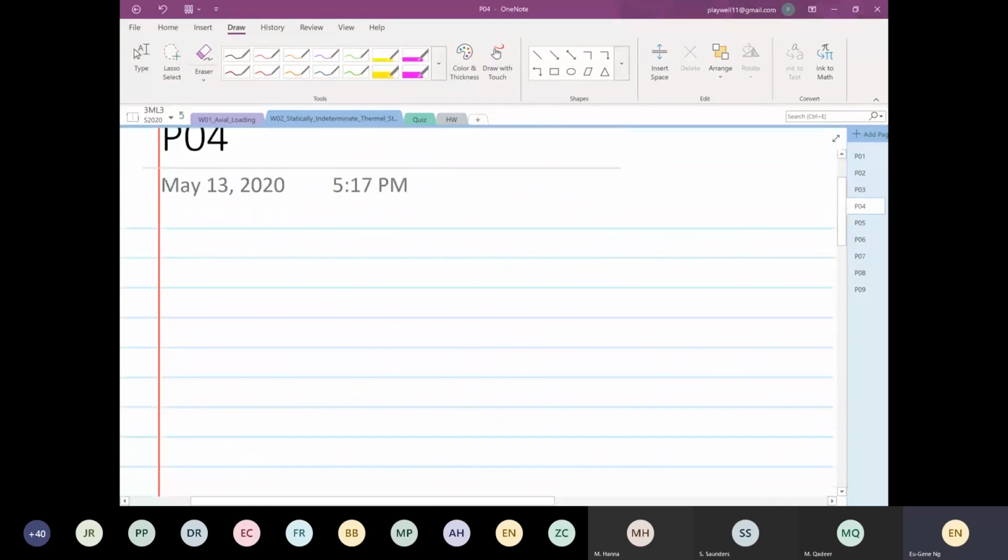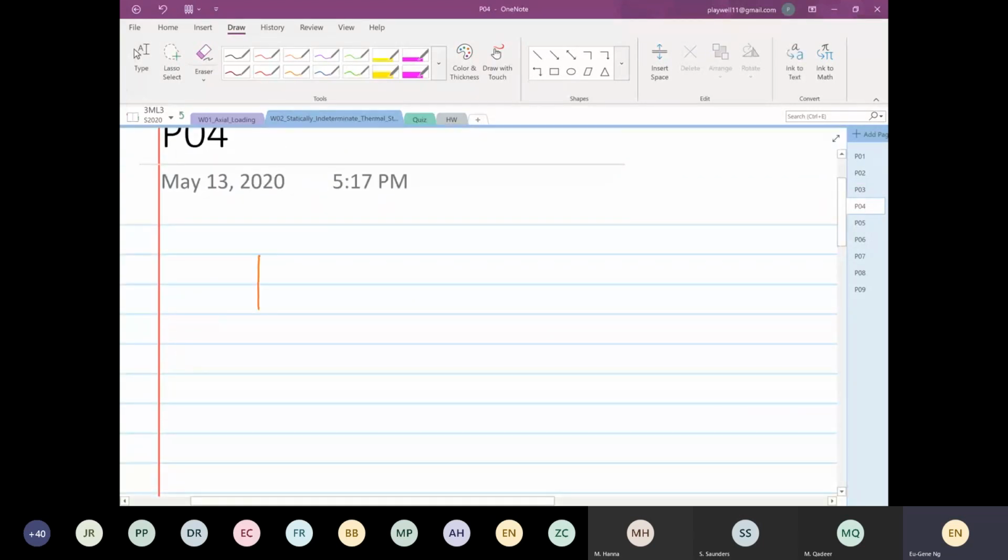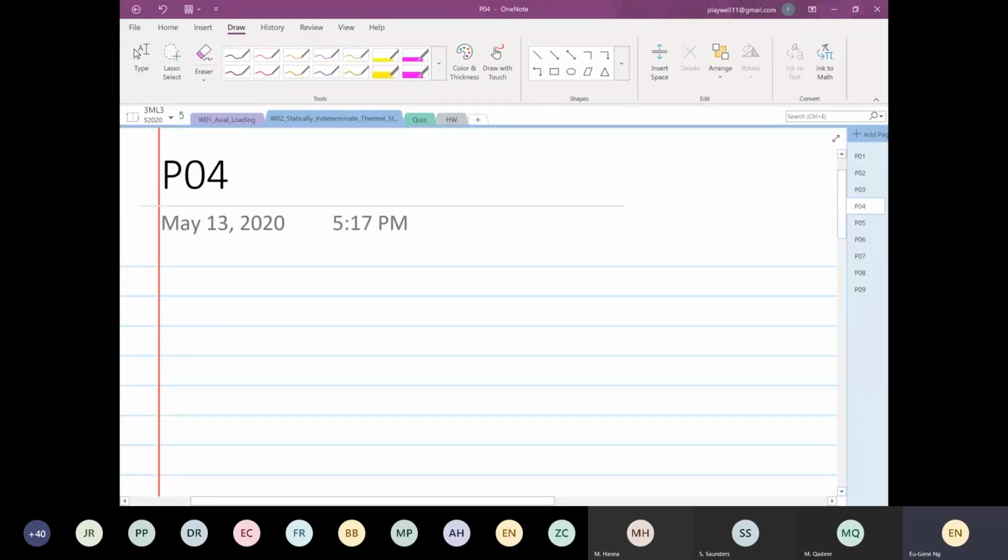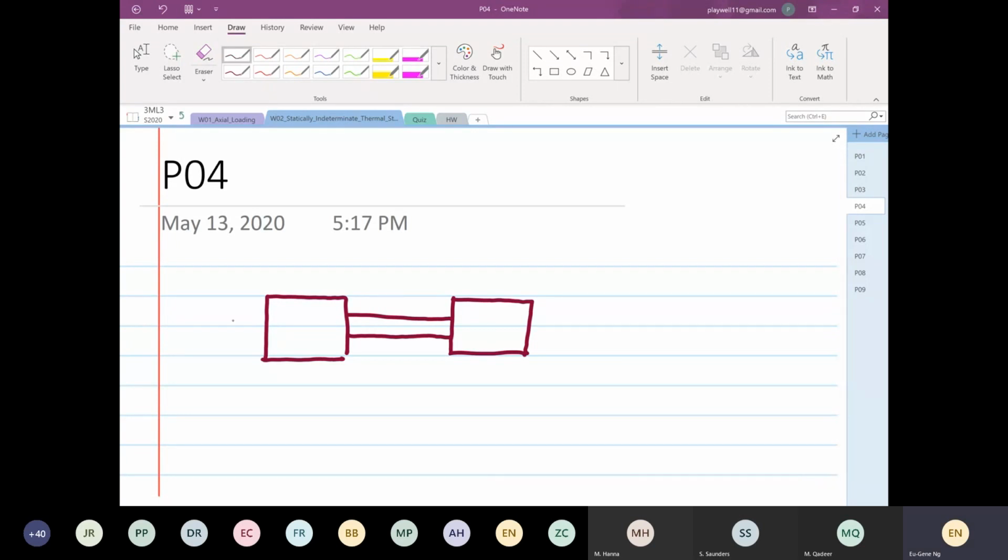Okay, so give me like 1 more minute. Okay, so if we were to draw the loading condition now, right? So this is one part. This is our second part. So what we have now is we have a load coming in this way. This is at 107.924 times 10 to the power 3 Newton.